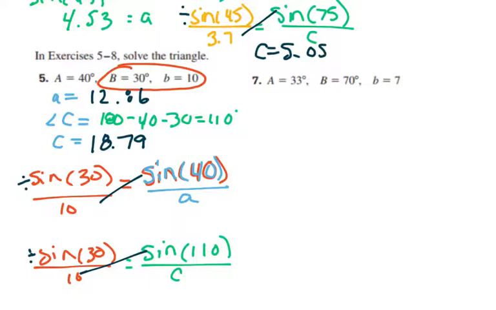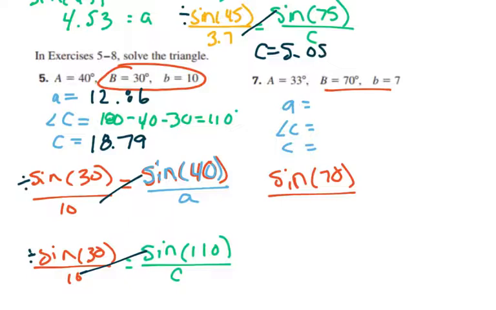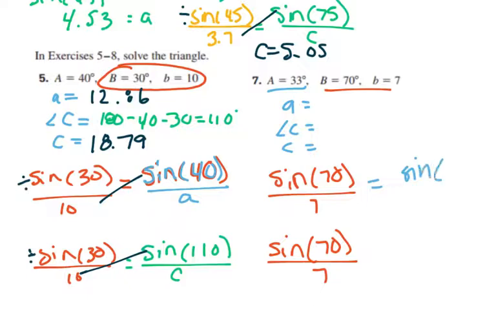And then they give us the same setup in the next one, so we're going to do the same solving. So we've got side A that we need, angle C, and the C length. This time we're going to set up with sine of 70 for our B angle over 7 for our B measurement length. And then to find our A length, we're going to do sine of 33 over A, which we don't know.